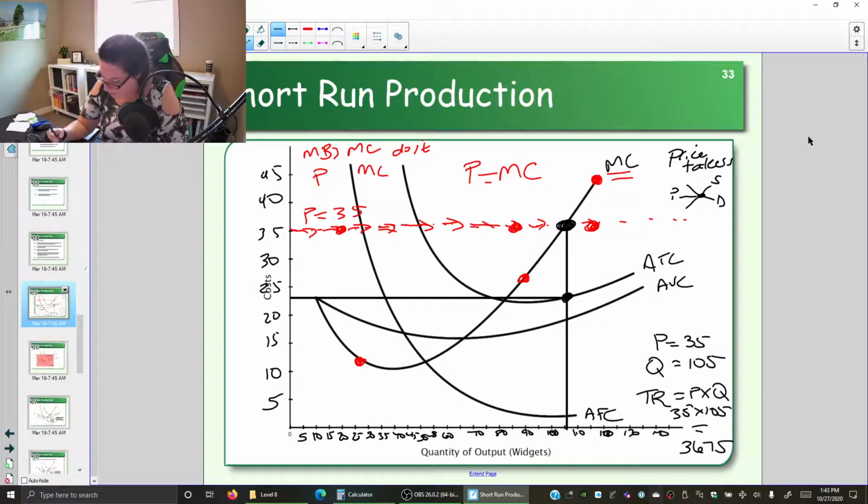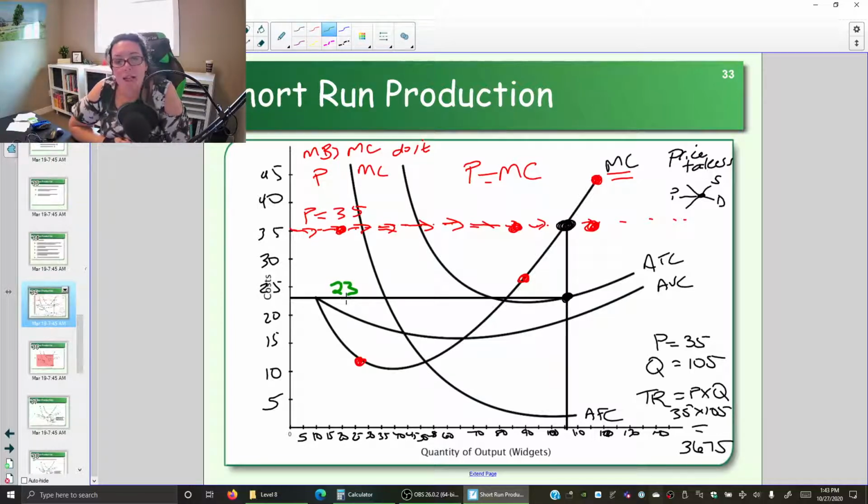So we can see if we're making 105 units, the cost per unit is, what are we saying? That's about 23? Okay. So let's put this at 23.